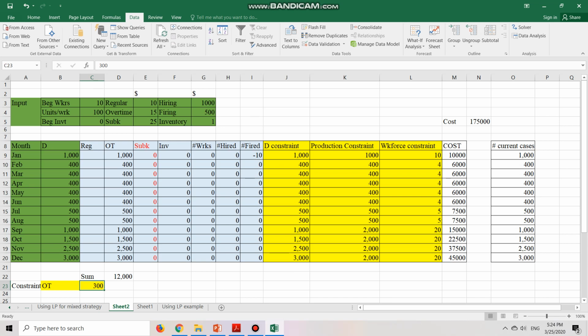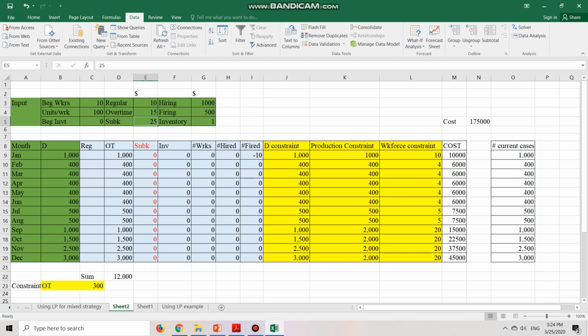So first I want to input some information for overtime. We can see the cost for overtime is higher than the cost of regular production, and subcontracting costs more than overtime.